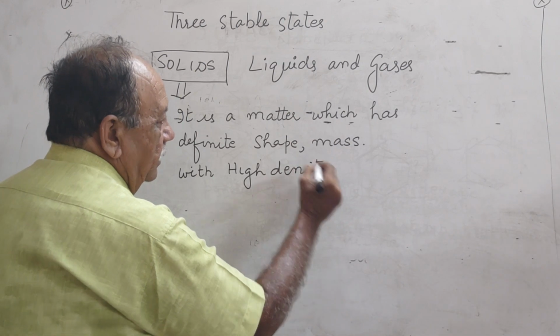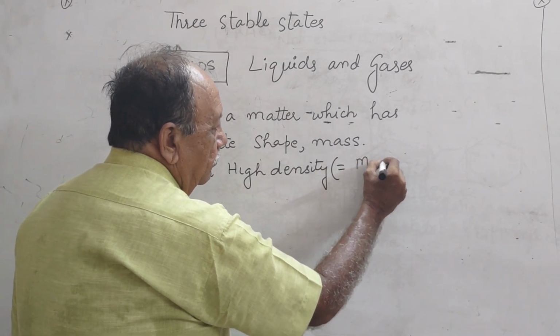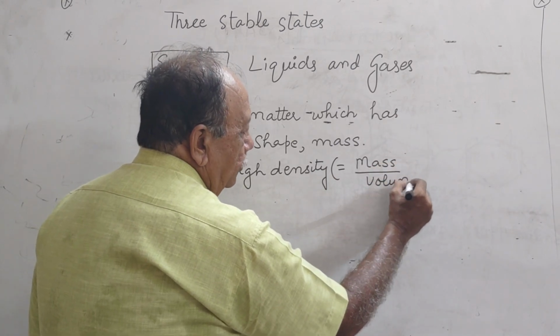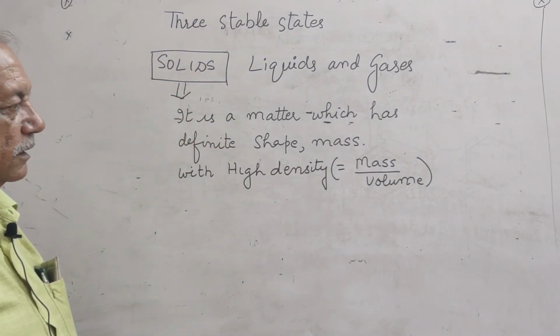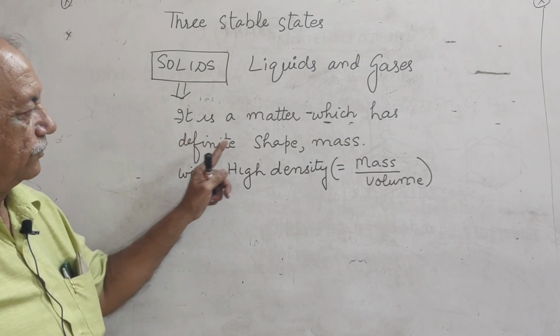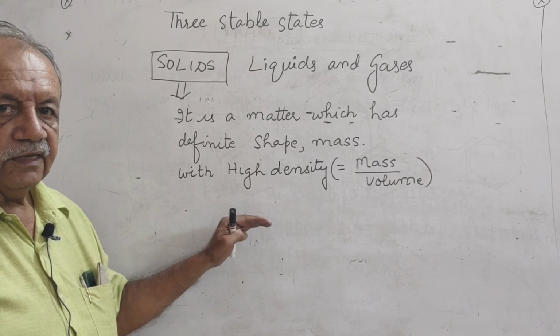For ninth class, density is equal to mass upon volume. Definite shape, definite mass with high density is called solid.